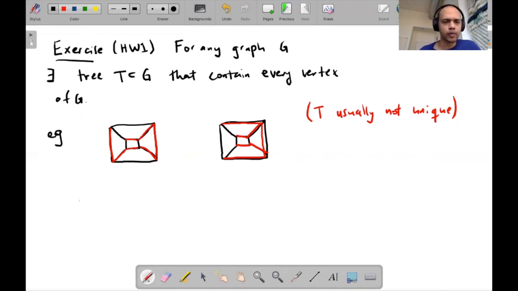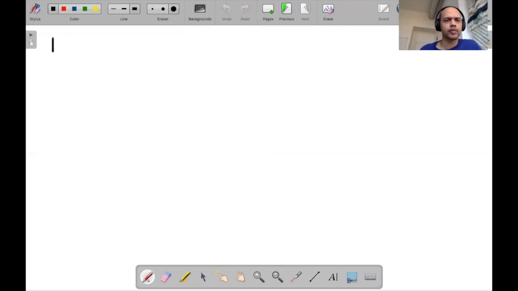Okay, so the last thing I want to do today is the following lemma. I'm going to put it on a new page. It's about trees. So T is a tree with V vertices and E edges.